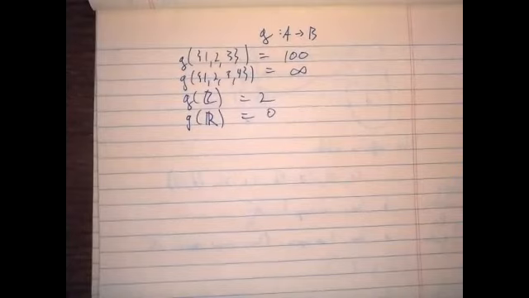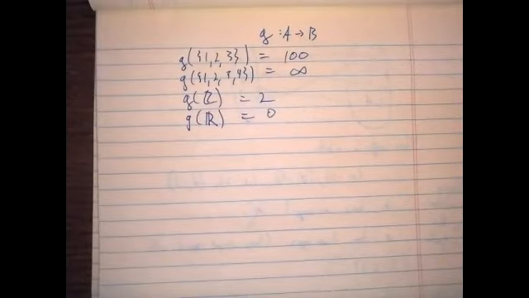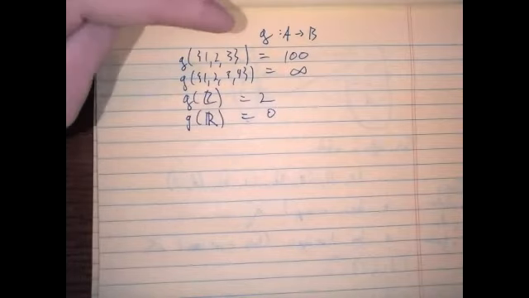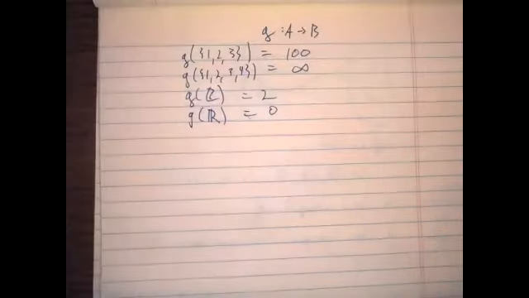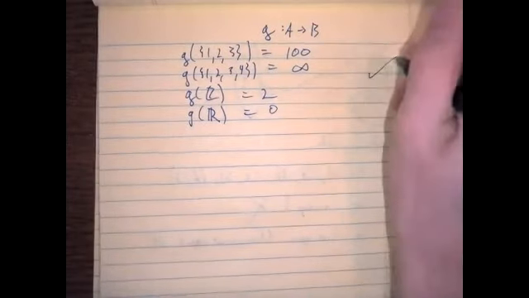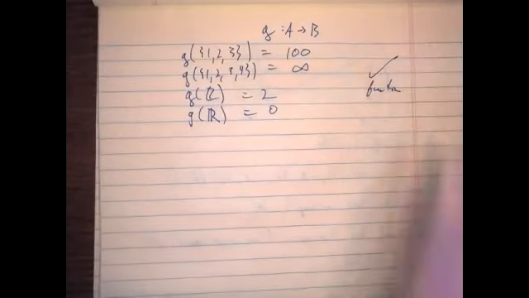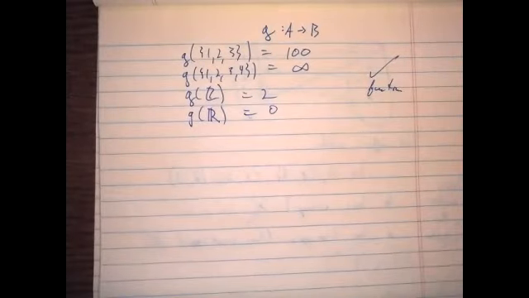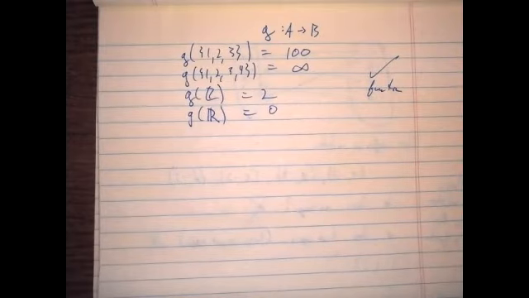Is this a function from A to B? Yes, this is also a function from A to B because I have assigned to each element of A a unique element of B. This is a function. Any questions here about these interesting examples of functions from one set to another set?